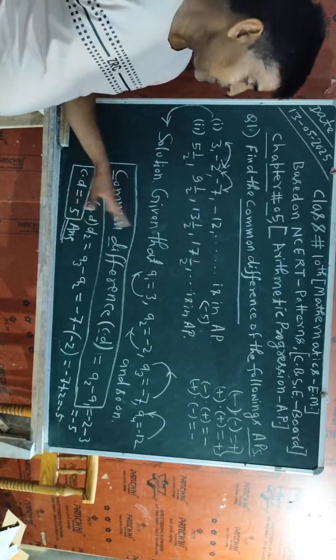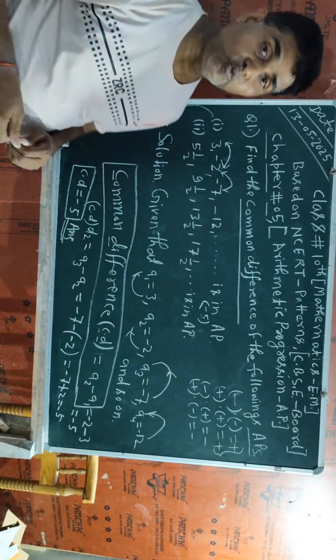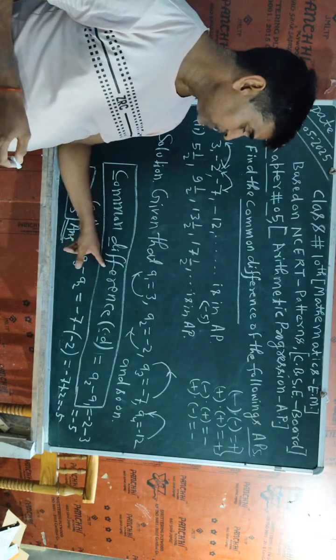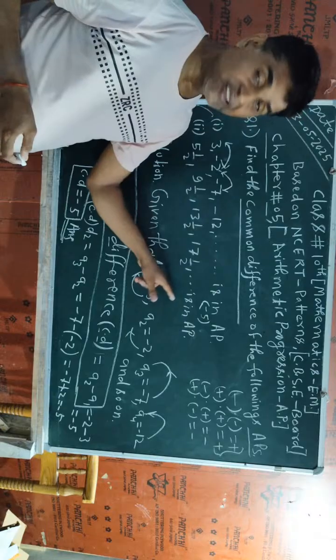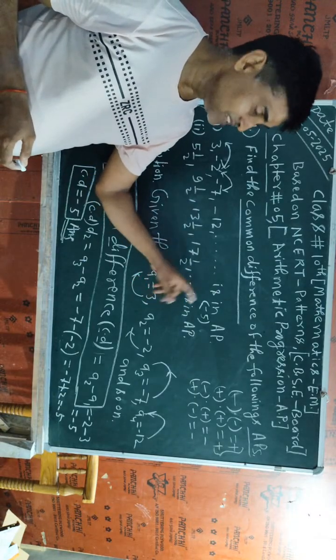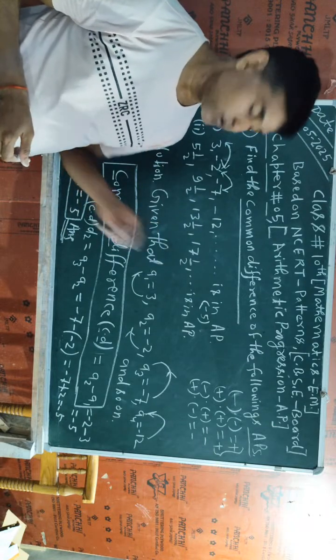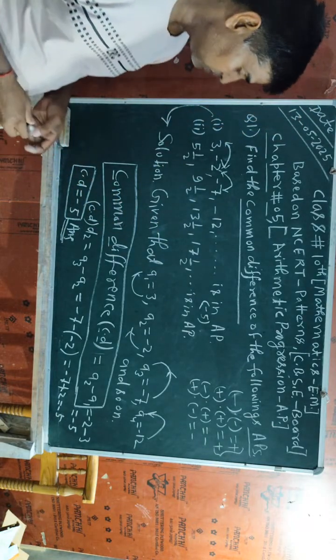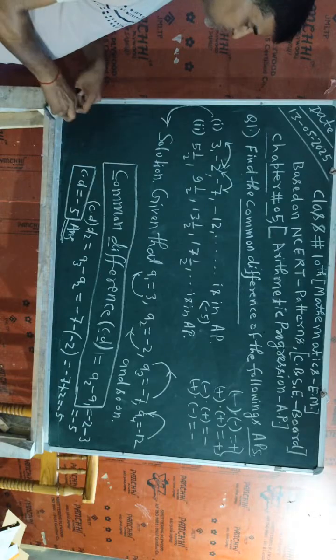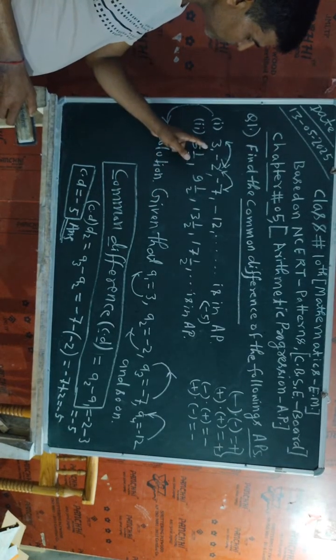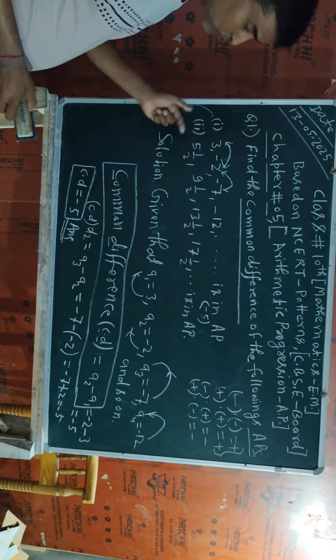After simplifying, I will get a value, and that value will be a fixed value, and that fixed value is called the common difference. That number is the number which is added to the existing number for getting the forward number, that is the next number.